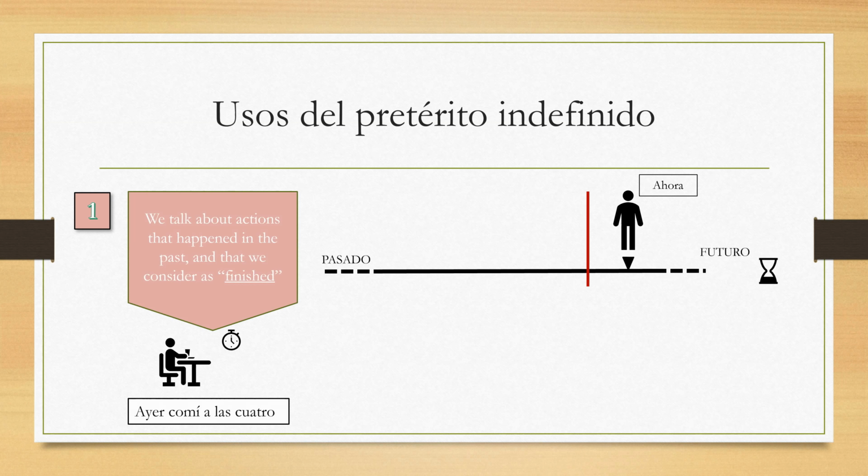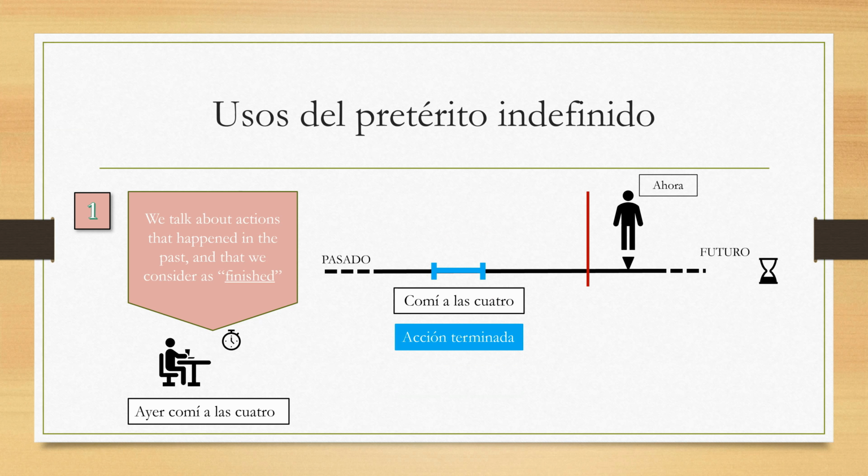I'm using pretérito indefinido because if I look at this action in my timeline, I consider it as a finished action, una acción terminada. For me, as I'm using this past tense, it's clear that it started and it finished.